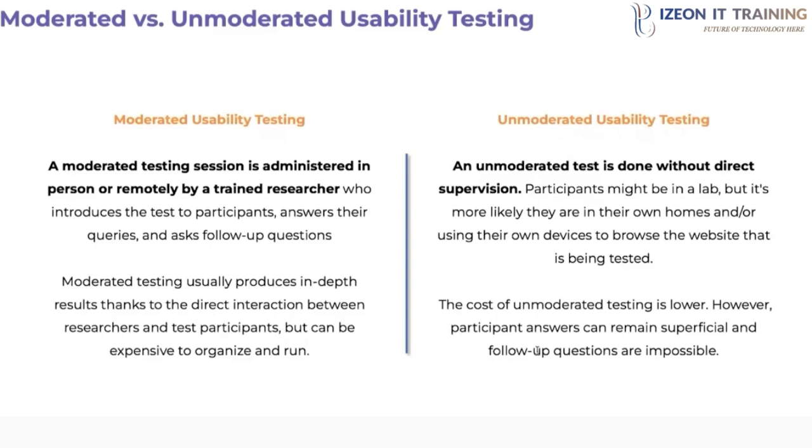Like there cannot be any follow-up questions, right? Because if he's in a lab, then maybe you can have some interaction with him. But if he is at home, he is just using the app in his regular way, and then you are asking the question, so it depends on whether he remembers. You can do this unmoderated test at your home also.